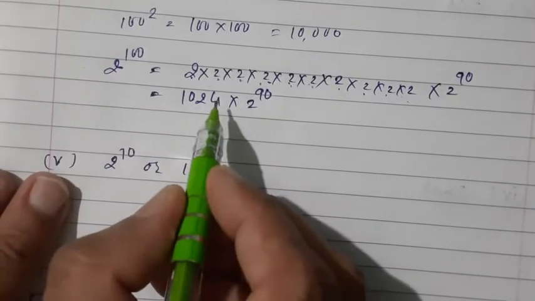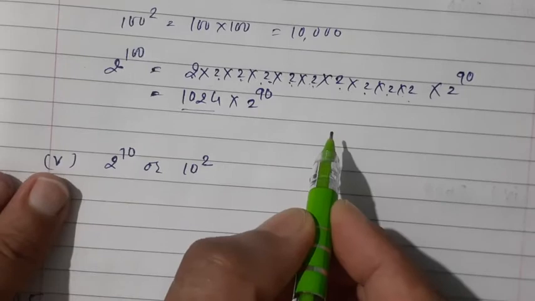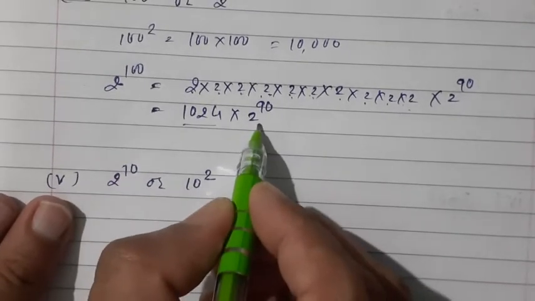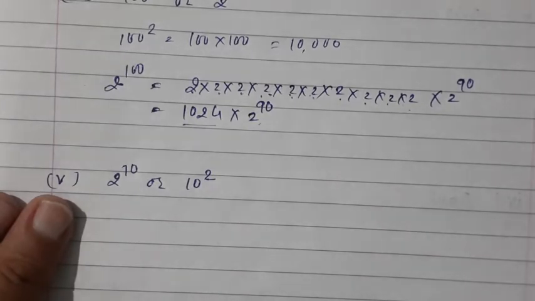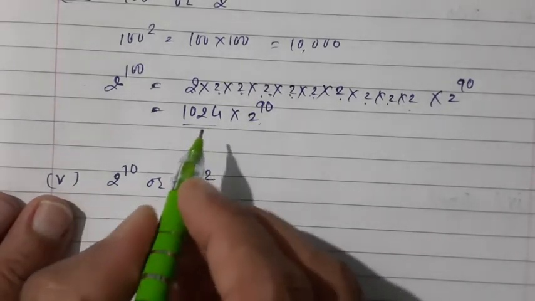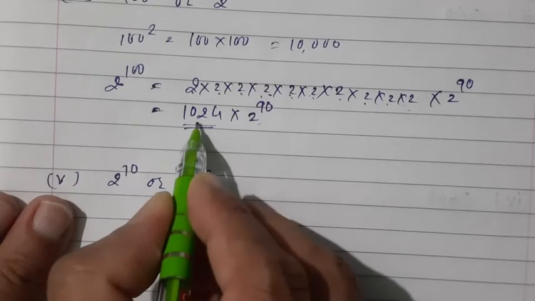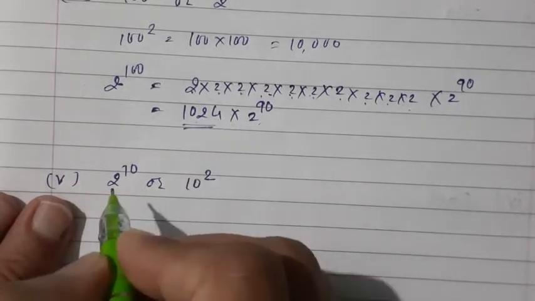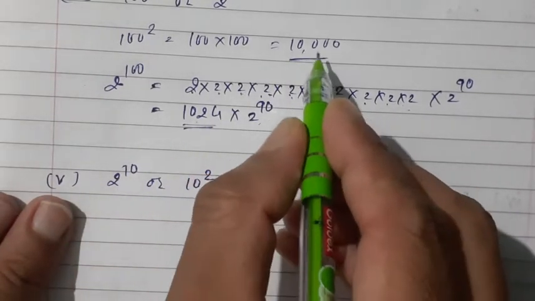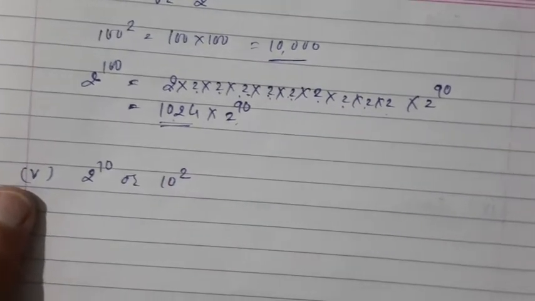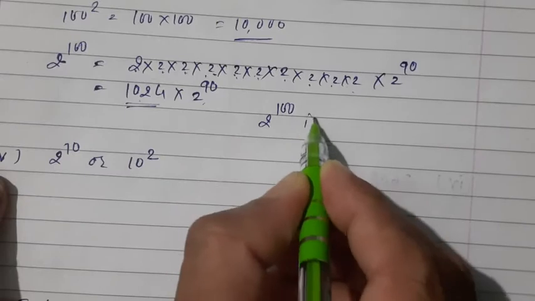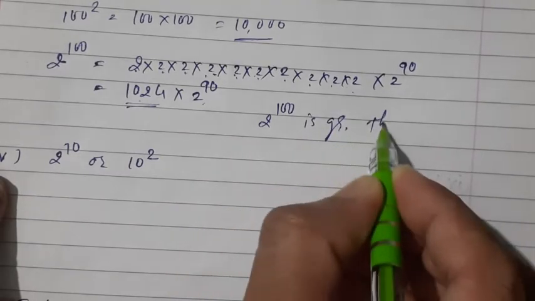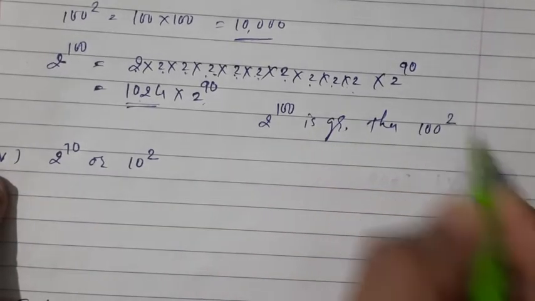Now 10 times multiplied is 1000, only 10 times, and here another 90 times is there, right? Means minimum we are having 1000, more than 1000, that is observably more than 10,000 directly. So you just guess that one. So 2 raised to 100 is greater than 100 raised to 2.